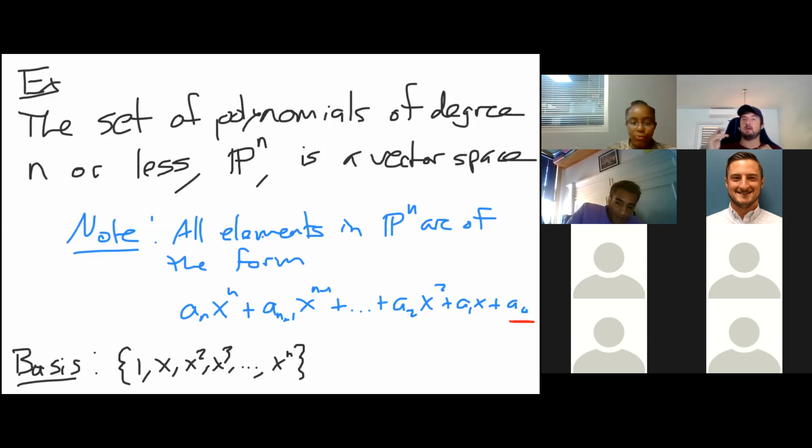So for any Pn, I'm always going to have these types of elements. These are going to form a basis, which means that the dimension of Pn is going to be equal to what? And be careful. What is the dimension of Pn going to be?